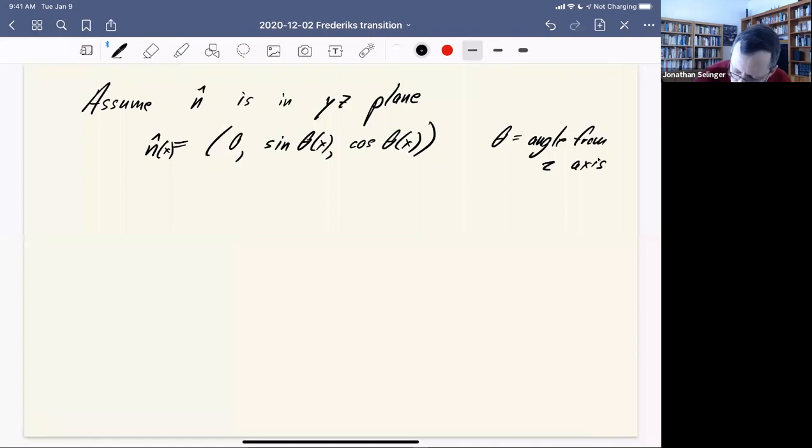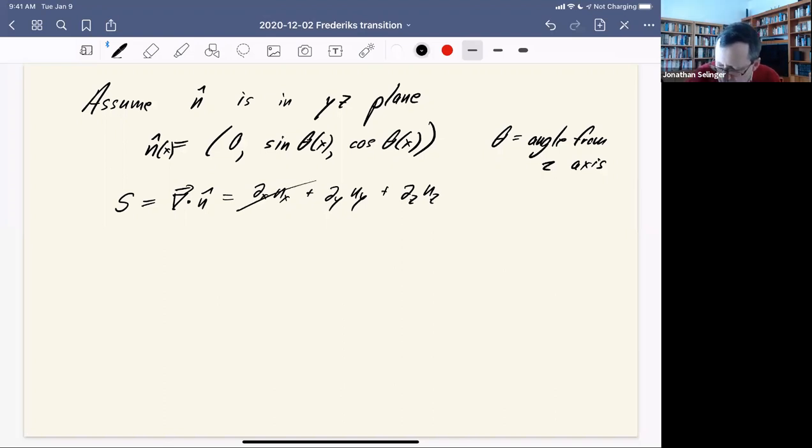Okay, so the splay, that is the divergence of n. So that is dx of nx plus dy of ny plus dz of nz. Oh, well, nx is 0, so that's 0. And nothing depends on y or z. These terms are all 0. Good news, the splay is 0. Okay.